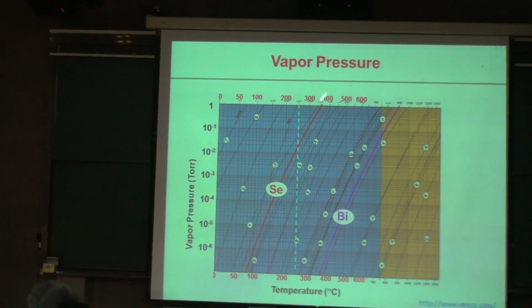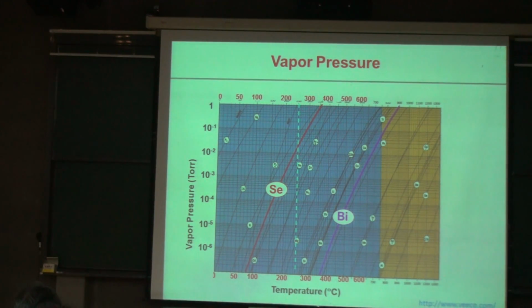So by looking at this vapor pressure similarity, we immediately get an idea how to prepare high quality, stoichiometric bismuth selenide in the composition of 2 to 3. So this is very important.